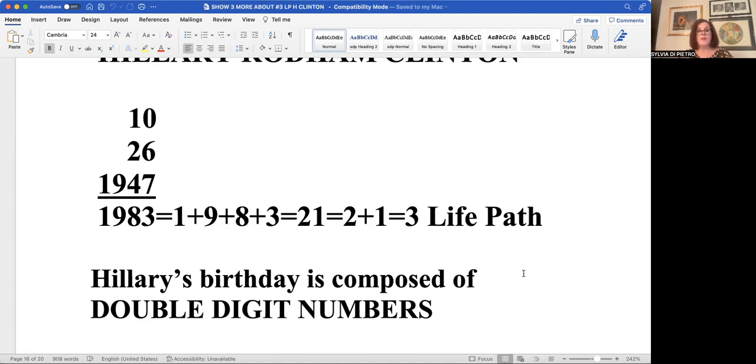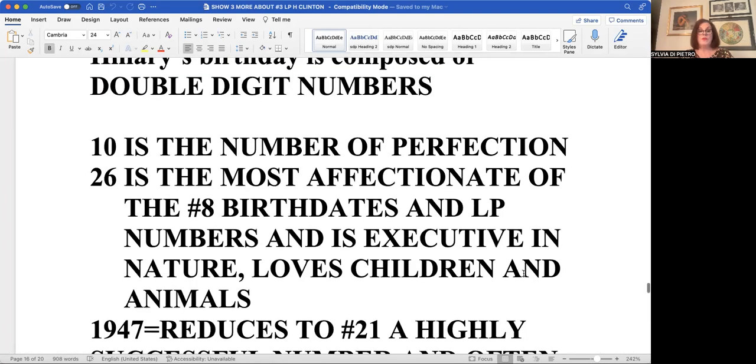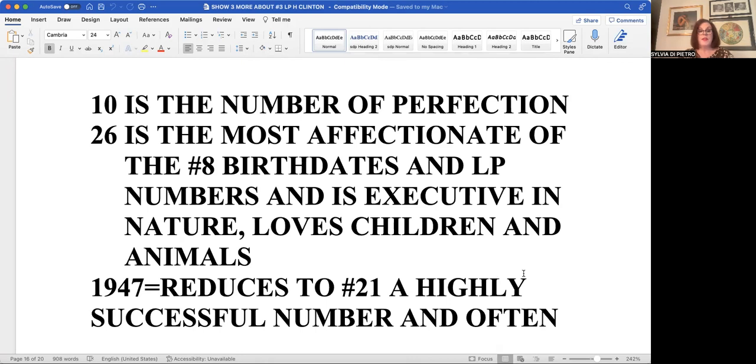And 1947 vibrates to a 21, which is probably one of the greatest numbers I've ever seen. So I wanted you to see that. The 1947, as I mentioned, reduces to a 21, which is a highly successful number. And that 26th birthday of hers is a very forceful, powerful, executive number.